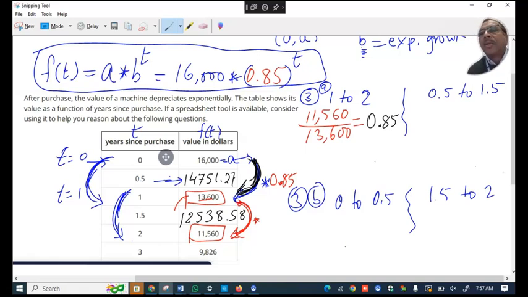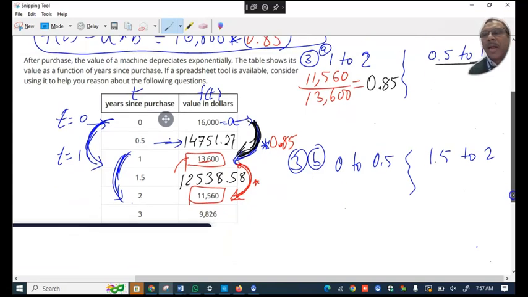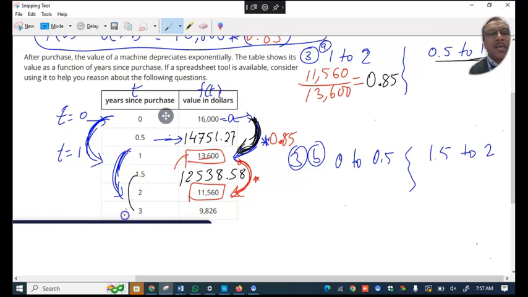And the second time, this means 0.5 to 1.5. I'm using black color here. So from here to here, we also want to know what multiplies from here to get to here. Sorry, 0.5 to 1.5, not here. It is asking us from 0.5 to here.